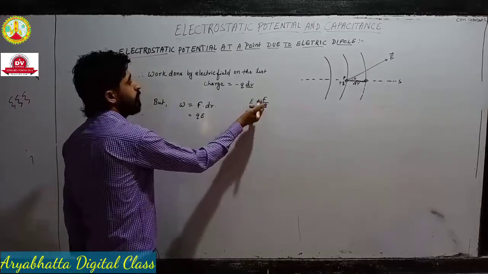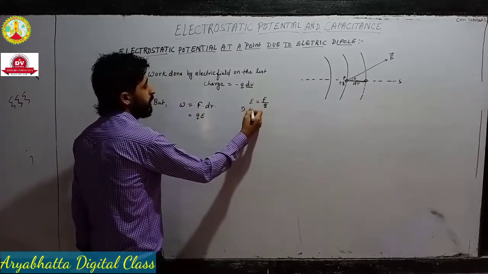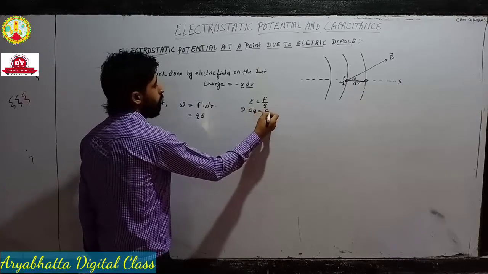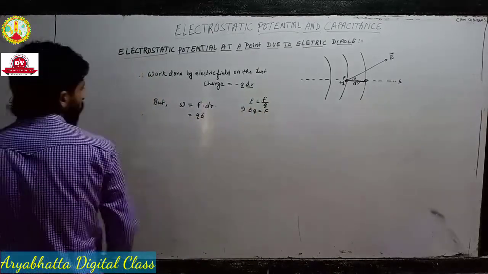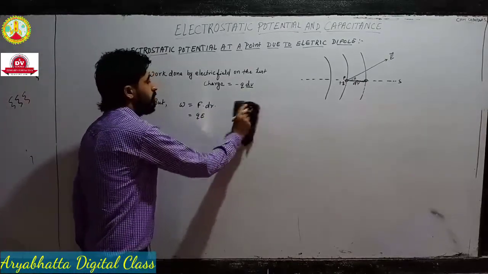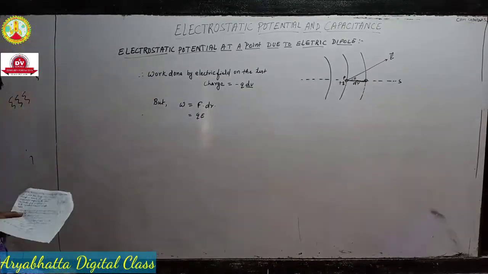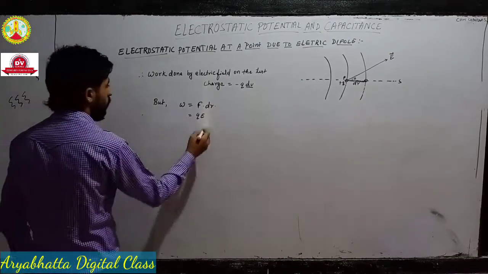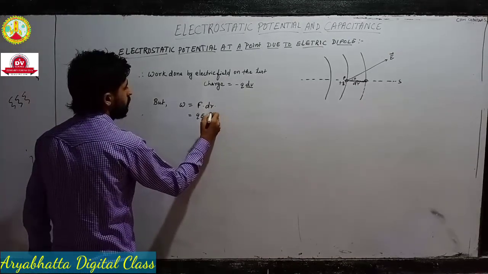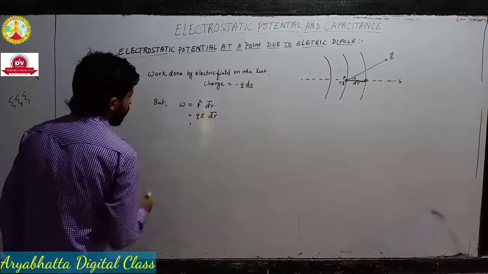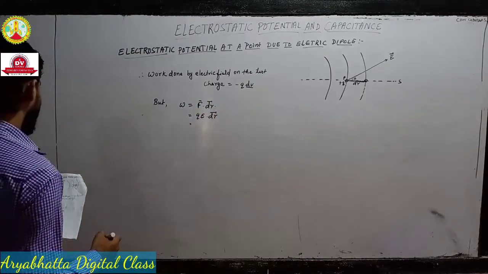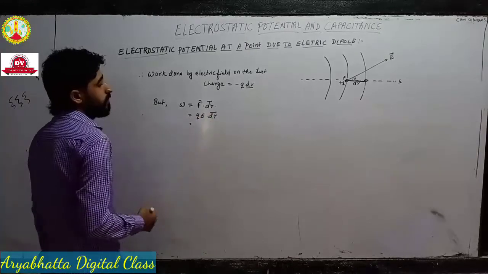Is it clear? So if you solve this, what will you get here? EQ is equal to F, or you can say QE, whatever I have written here, right? So in terms of F, I can write QE dot dr. Let's say this is displacement, both are. Now since it is a dot product, we must convert in terms of magnitude.